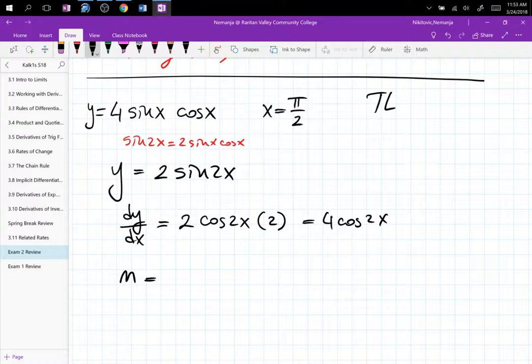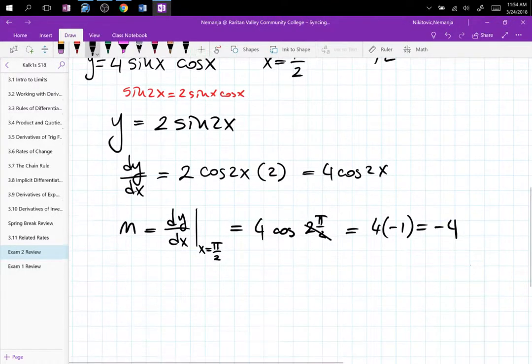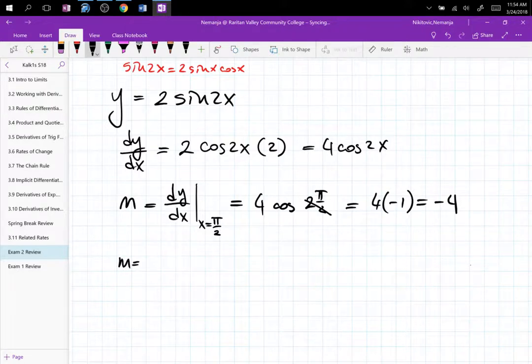So slope is the derivative computed at pi over 2. That's the notation: you put a vertical line and say x equals pi over 2, which means compute at pi over 2. So that's 4 cosine of 2 times pi over 2. These cancel. Cosine of pi is? Very good. So that's negative 4. So the slope is negative 4.